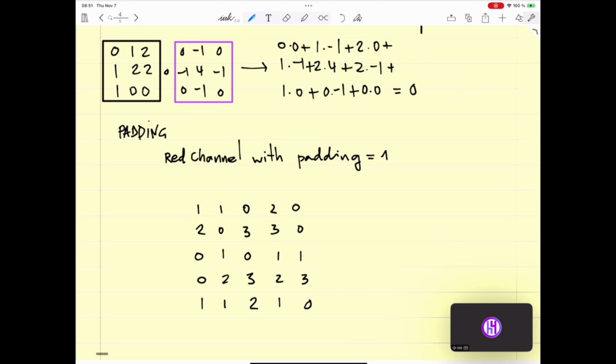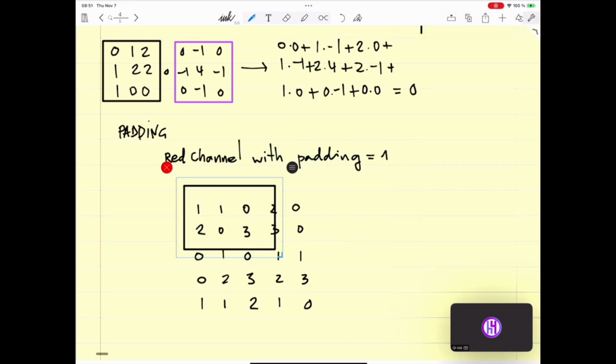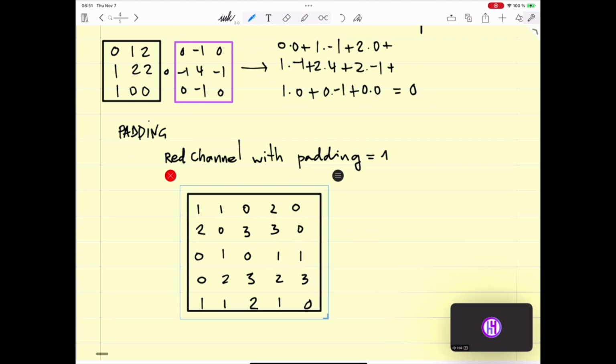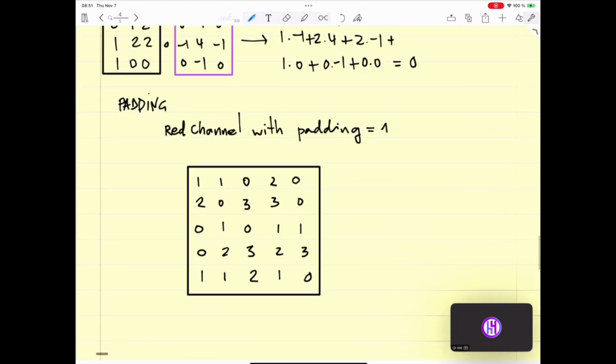Okay, this is your original red channel, and you want to add some padding to it. A padding 1 would be something like this: 0 0 0 0 0 0 blah blah. Okay.